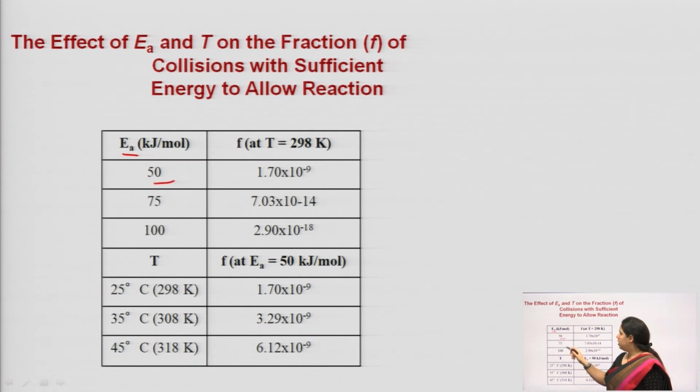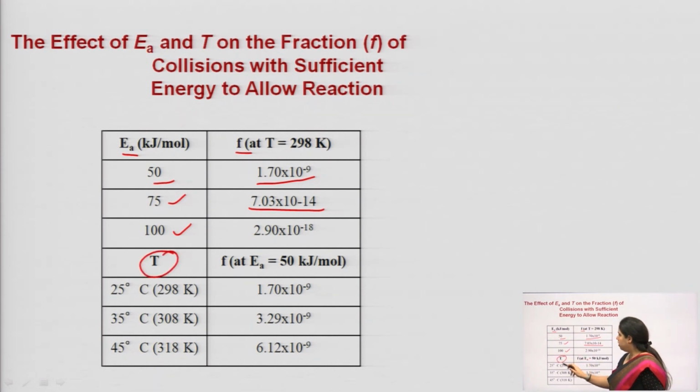So, at 50 kilojoule per mole, F is the fraction of collisions, meaning how many collisions are taking place, at T 298 K. The value will be 1.7 into 10 to the power minus 9. At 75 kilojoule, the collisions will be higher. As you see in the relationship, at lower temperature, the collisions are lower as compared to this value, and it gradually increases.